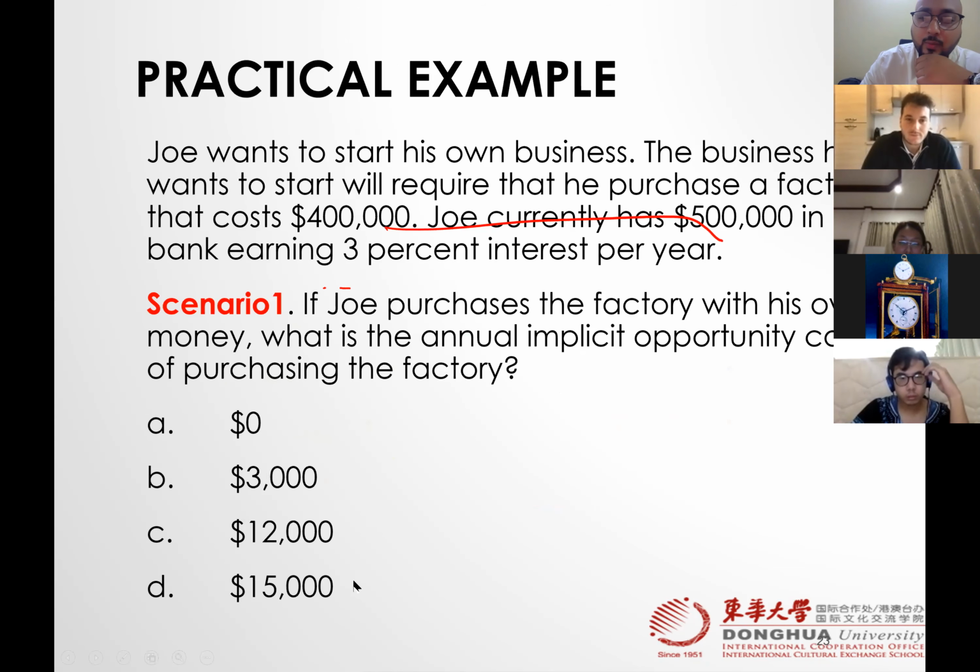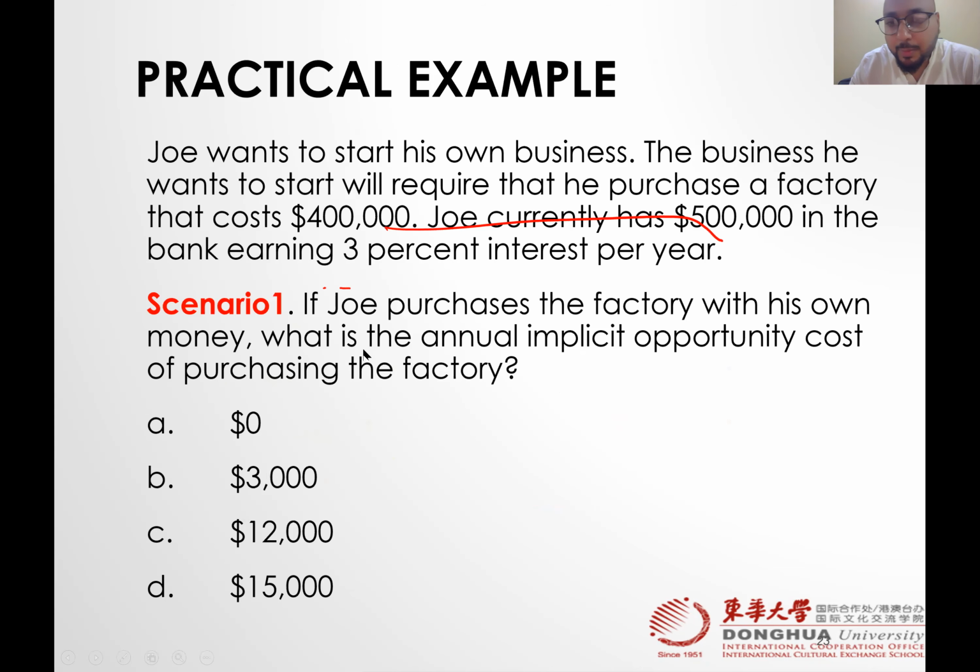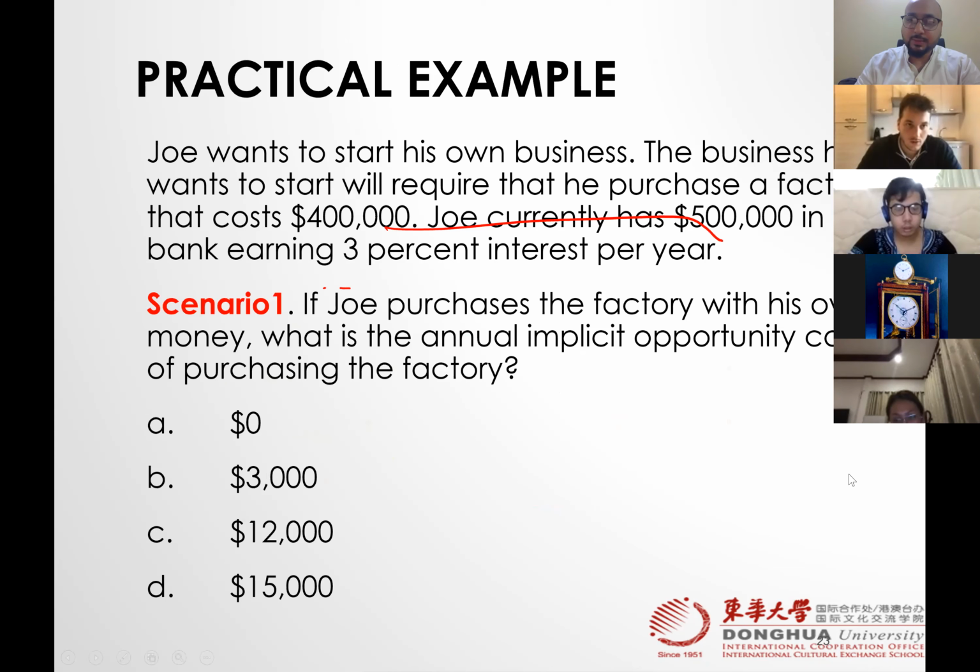Okay. Scenario 1. If Joe purchases a factory with his own money, what is the annual implicit opportunity cost of purchasing a factory? You tell me. Can you calculate? What would be the answer?